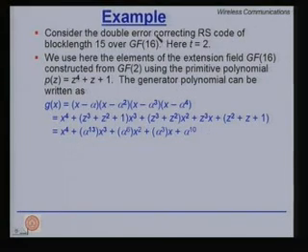Please note, we are working in GF16. We have all the elements alpha 1, alpha squared, alpha cubed, and so on and so forth. So, you have these representations. My generator polynomial will have coefficients taken from GF16, because that is the field I am working on.